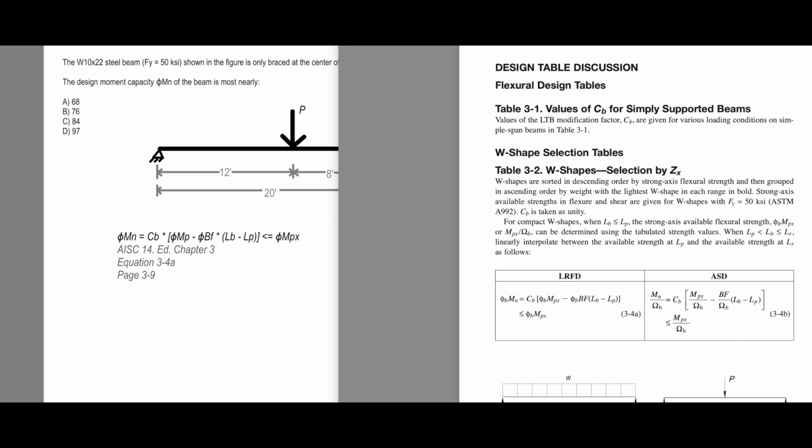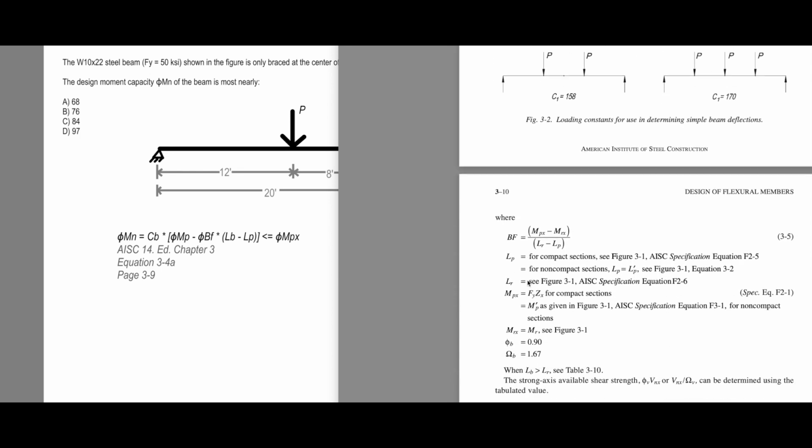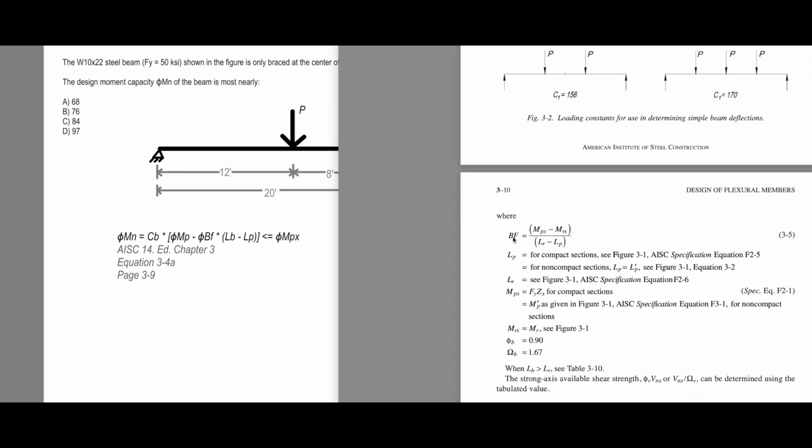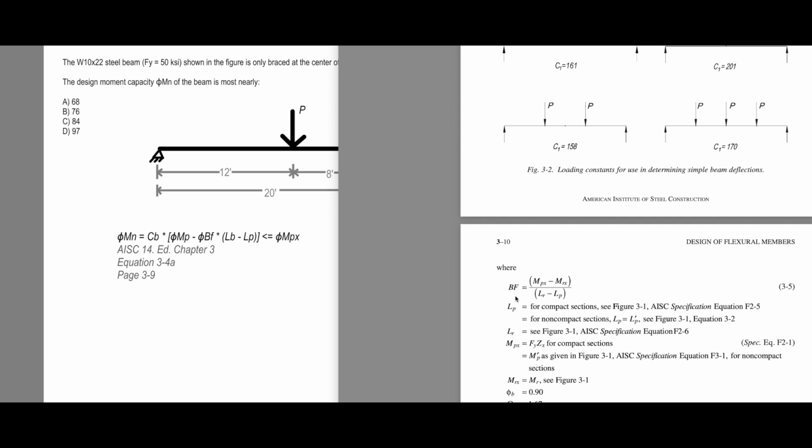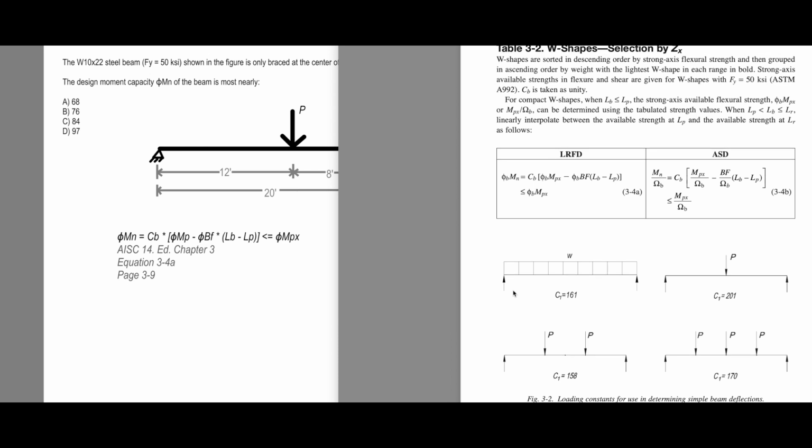What it does is it essentially accounts for the slope of the straight line between Lp and Lr. So it's a simplification of this right here, and it's given as BF is equal to Mpx minus Mrx divided by Lr minus Lp. And all we have to really concern ourselves with is that it's given in the design table 3-9.